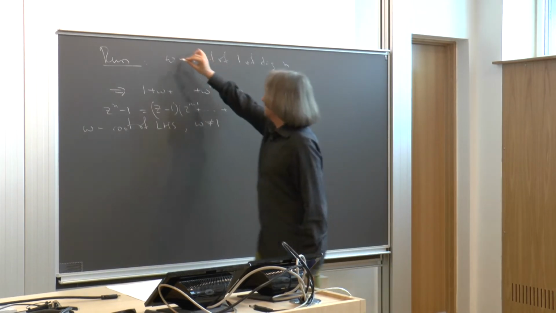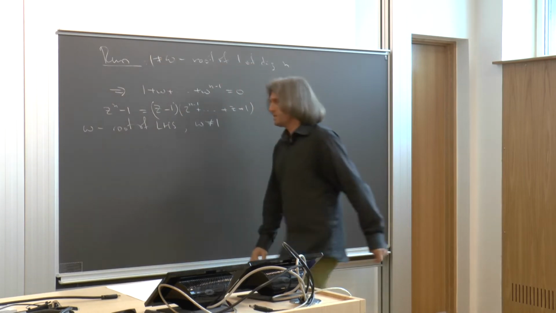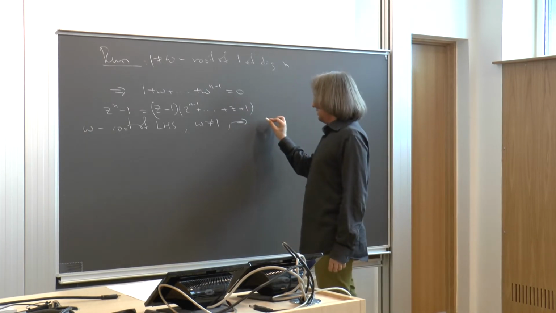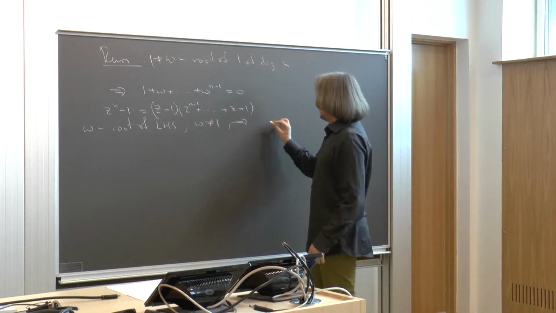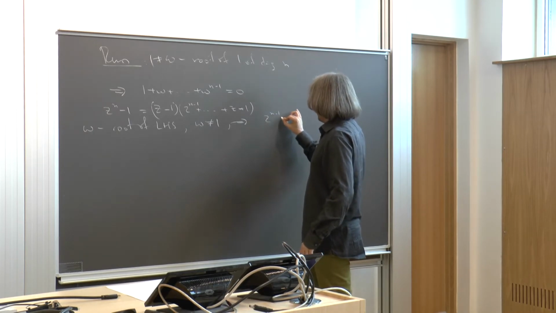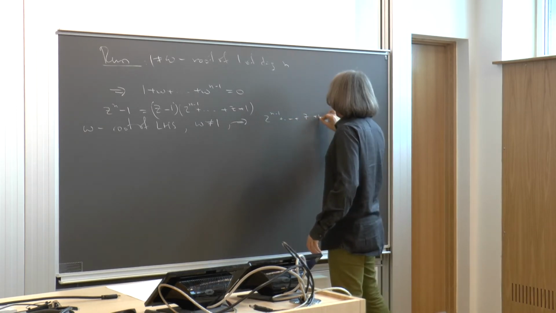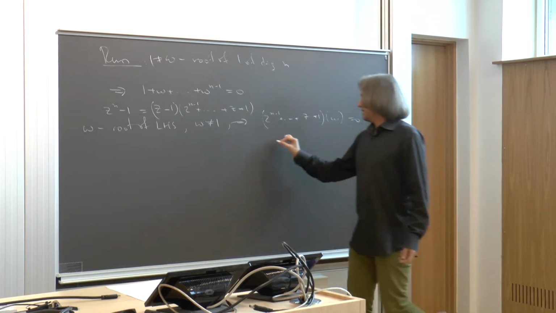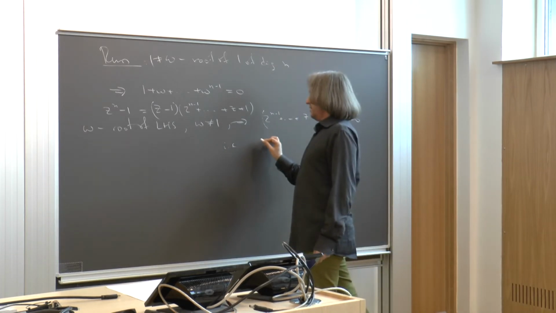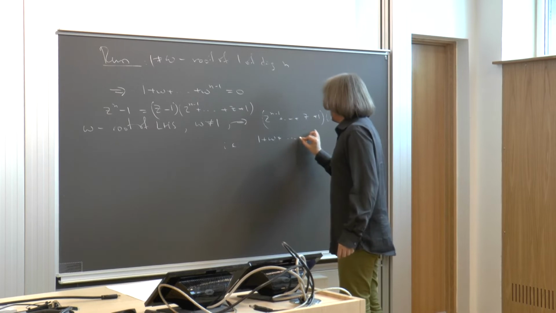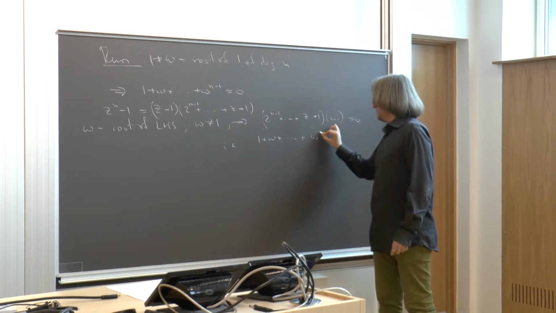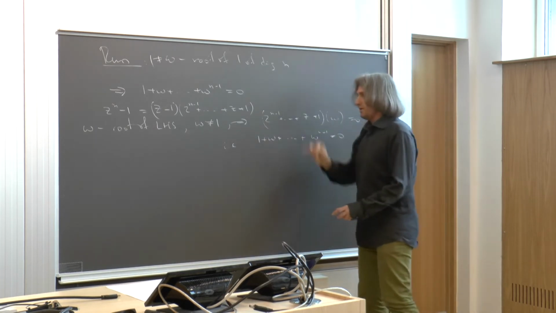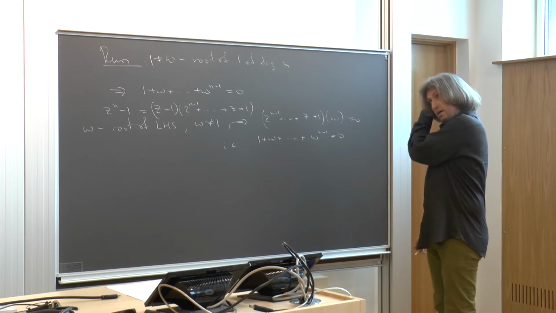Of course, 1 is a root of 1. It follows that this factor, z to the n minus 1 plus so on plus z plus 1, evaluated at omega equals 0. But this is exactly 1 plus omega plus so on plus omega to the n minus 1 equals 0. Now we'll use it for something.